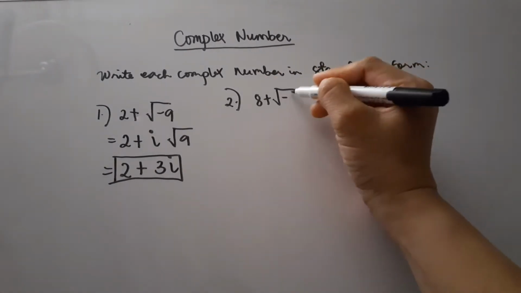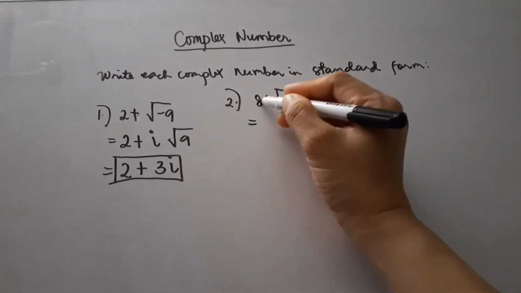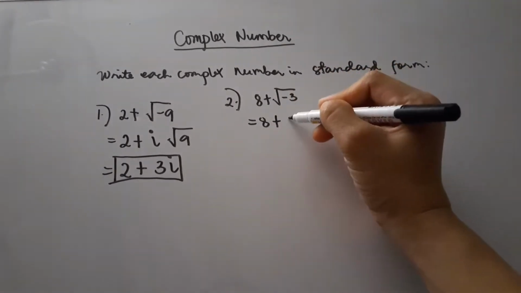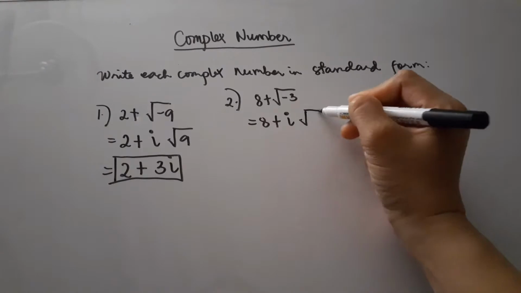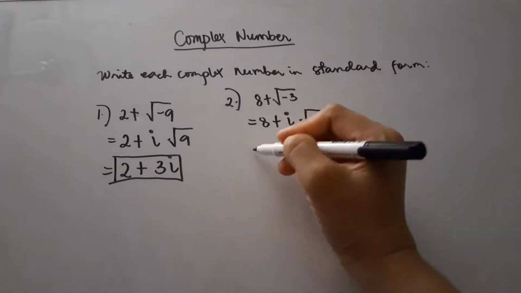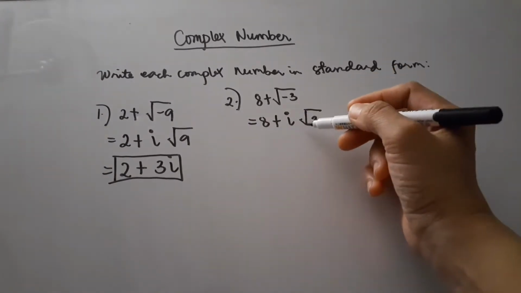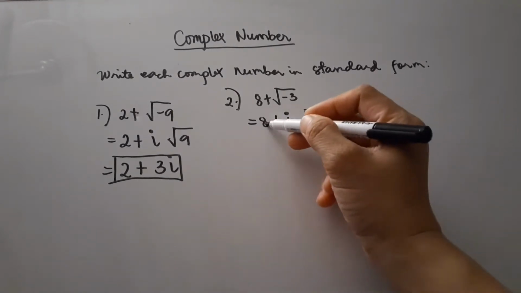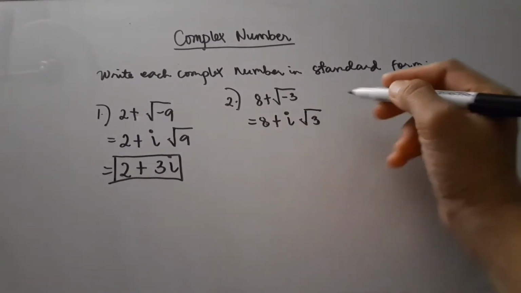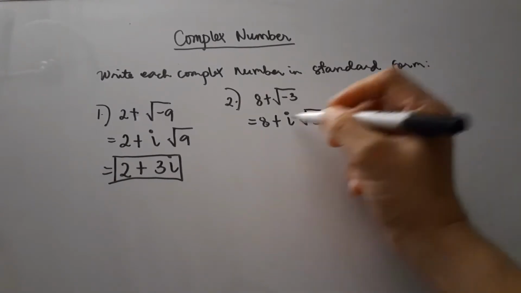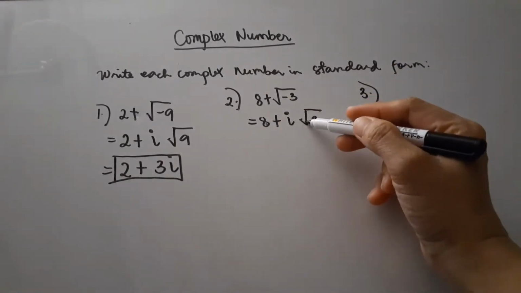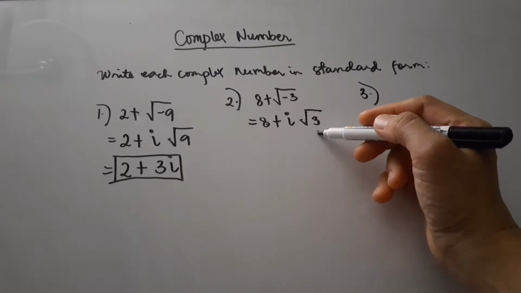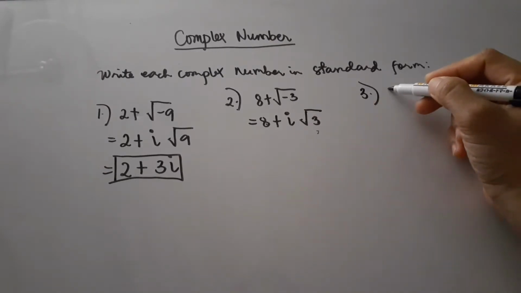And let's have another example, number 2. We have 8 plus the square root of negative 3, where we use the imaginary unit i, and then the square root of 3. And this is the answer. Let's have another example, number 3.